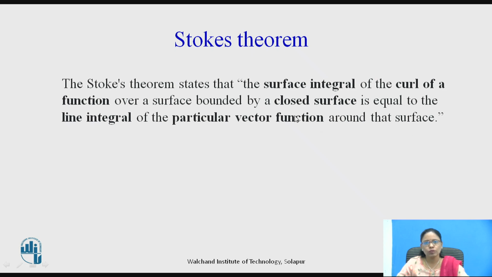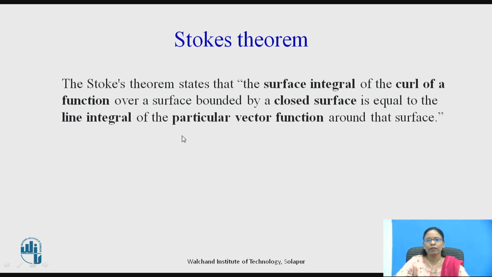On both sides there should be the same vector quantity. On one side there is a surface integral, and on the other side there is a line integral. The surface is bounded by a closed path, and the line integral should also be a closed line integral.